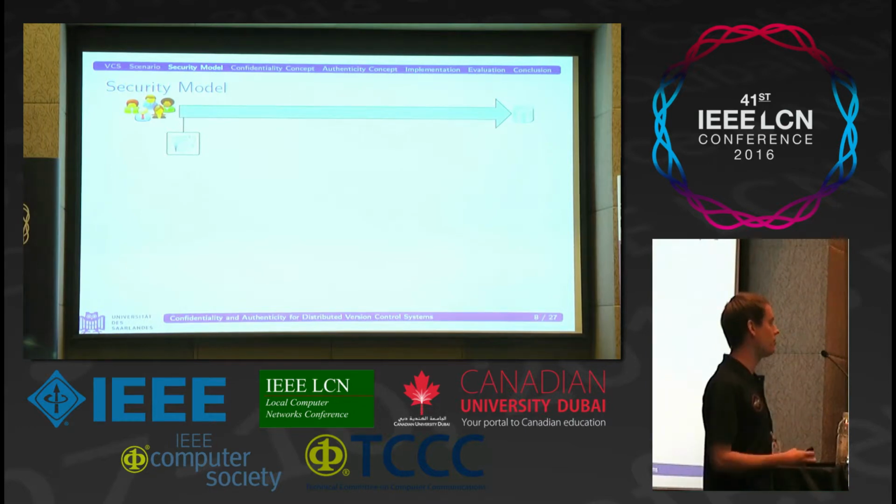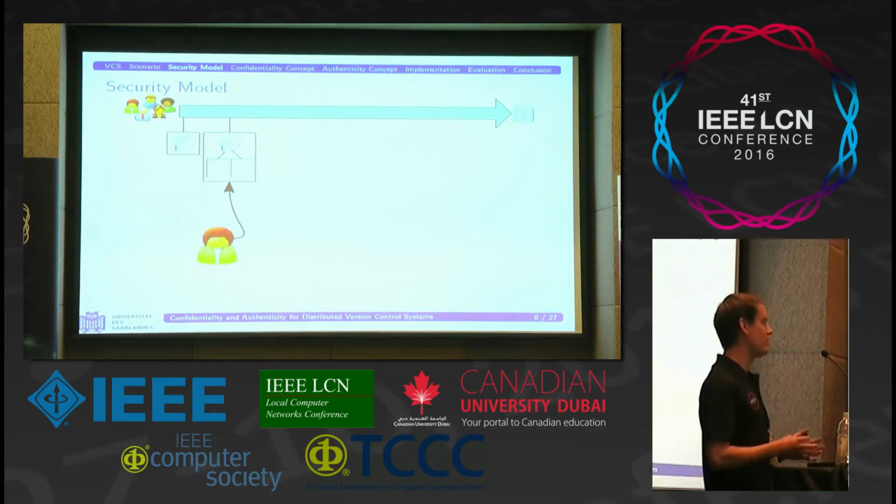Now, the security model is as follows. We consider a number of users that have access to some repository which they share with one another, and first of all, if we only have revisions in that repository that contain only non-confidential files, we do not provide any security guarantees at all, which go beyond that of the plain version control system.